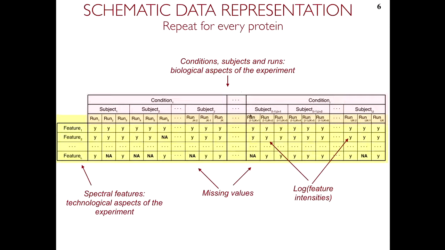For example, here you have multiple mass spectrometry runs which come from the same biological replicate. And these are some other mass spectrometry runs which come from the next biological replicate, and so on. And the biological replicates are grouped by some condition or stress which was applied to them. And then you have another condition, right? And again, it has subjects and it has runs within the subjects and so on.